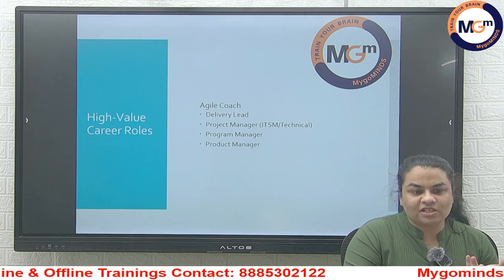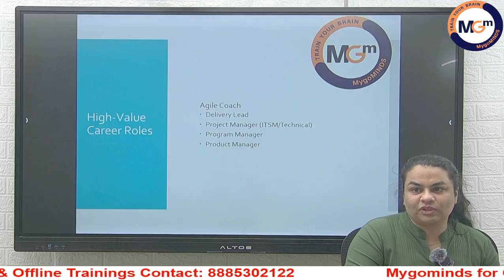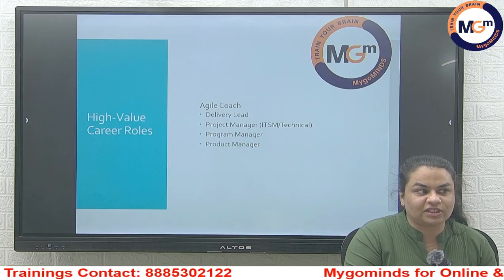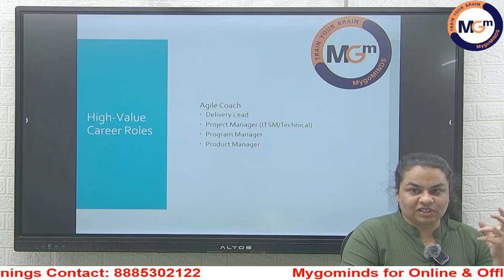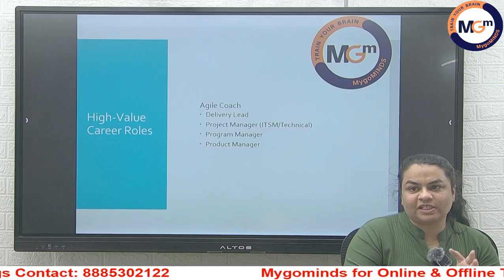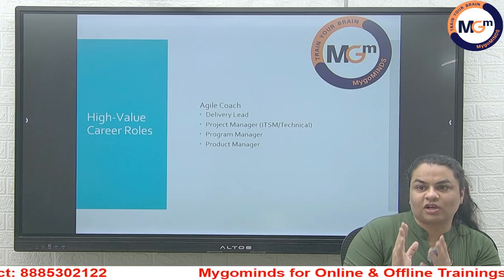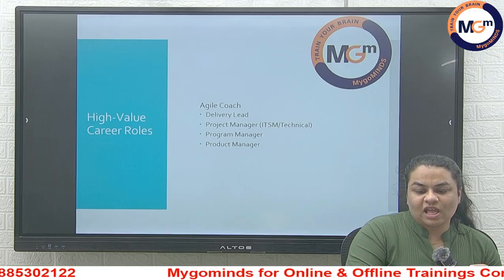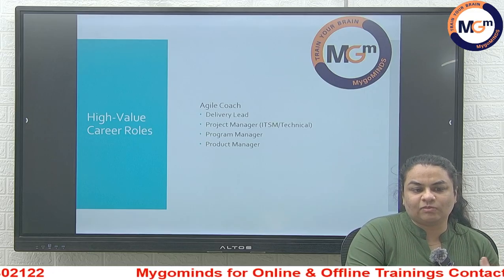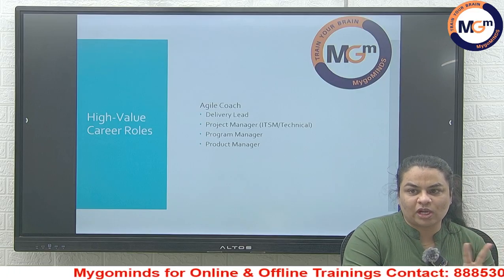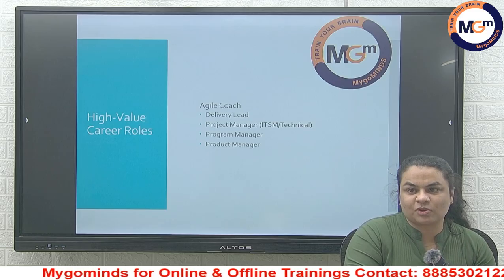And product manager, like I said, is the one who makes sure we have the right features and the right user stories per sprint, and gives us the direction of how this product is supposed to go. And Scrum Master: project manager and Scrum Master roles and responsibilities often overlap.